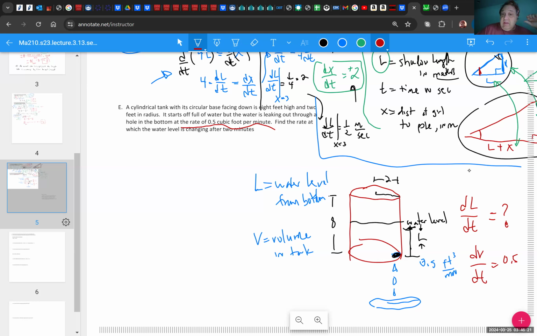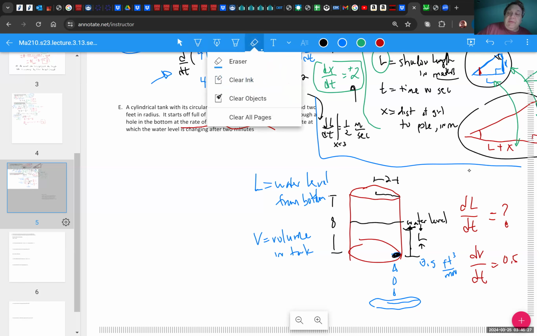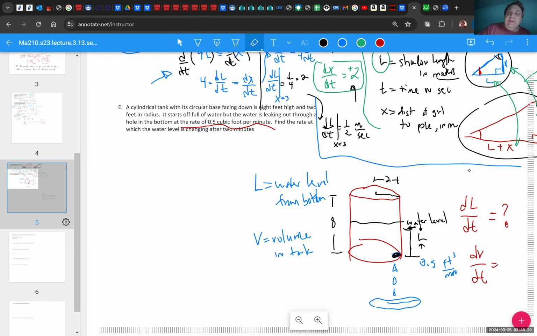Notice that the volume of water in the tank is decreasing. So once again, make sure to double check. This is a negative rate because the amount of volume is getting smaller. So it's negative 0.5. A cylindrical tank with its circular base facing down is 8 feet high. Got the 8. 2 feet in radius.